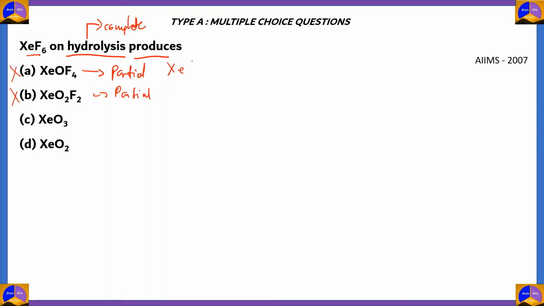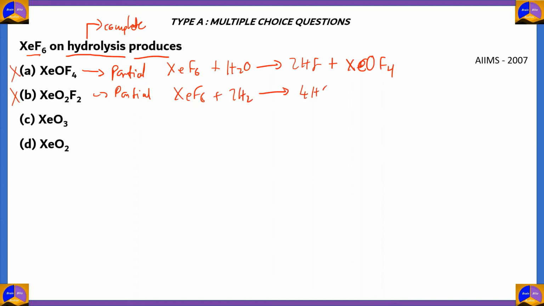So when we have XeF6, which is hydrolyzed partially with just one water molecule, you get 2HF and XeOF4. XeF6 plus 2H2O would give rise to 4HF plus XeO2F2.